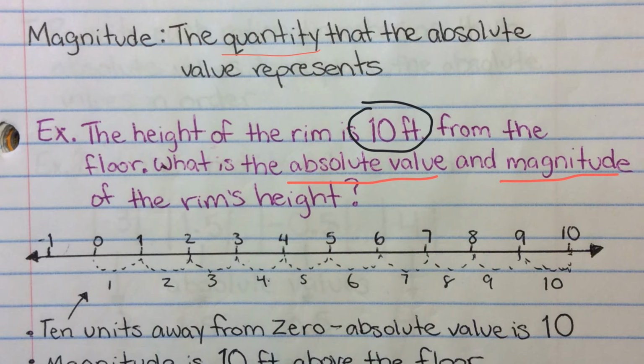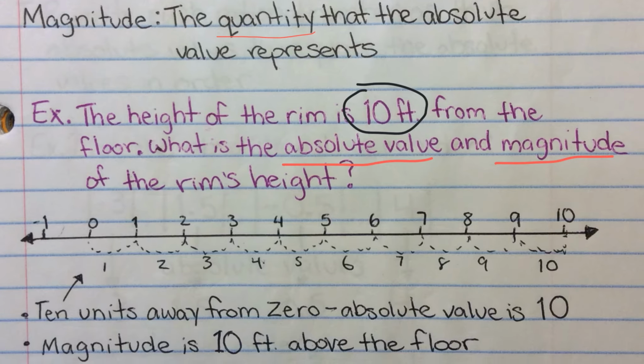If you recall, the absolute value is the distance from 0. Whatever that integer is, it's the distance from 0. So because our integer is 10, here's our number line. If our number line starts at 0, here, if you see the 0, but 10 is our integer, all we have to do is count how many units 10 is away from 0.